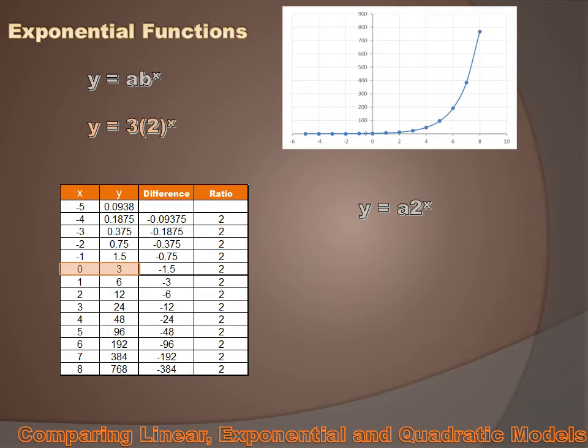I'm going to substitute 3 for y and 0 for x, and the equation becomes 3 equals a times 2 to the 0 power. Well, 2 to the 0 power is 1, so 3 equals a times 1, or a equals 3. Now I can write my complete equation: y equals 3 times 2 to the x power. And sure enough, that's the equation we started with.